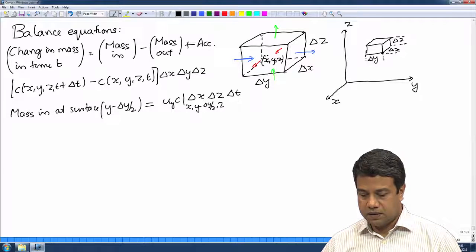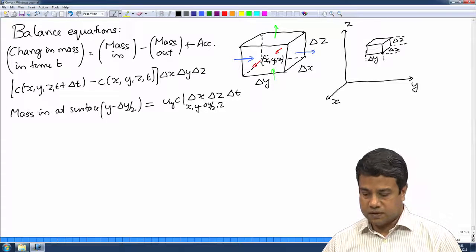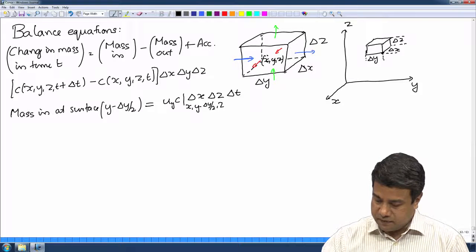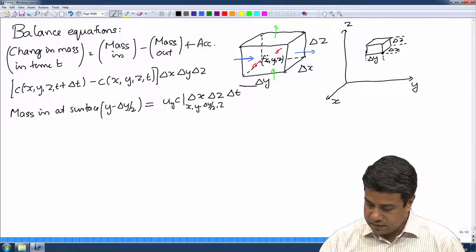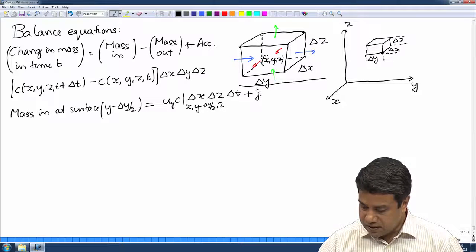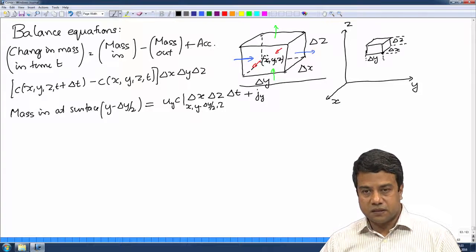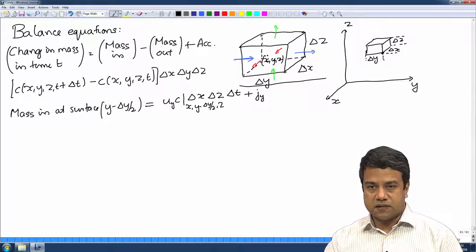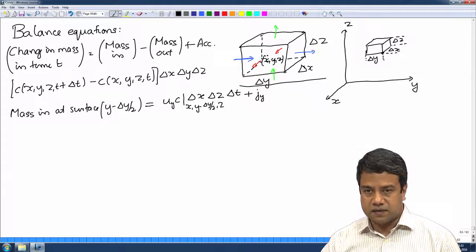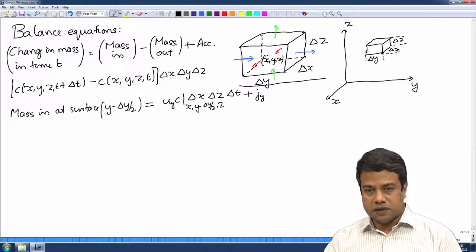There is another mass input here, and that is the second one, due to diffusion. The diffusive mass coming in is going to be equal to plus the mass flux in the y direction, because it is the mass flux in the y direction that is perpendicular to the surface that transports mass from the left side to the right side of the surface. The flux that is along the surface does not transport mass across the surface.